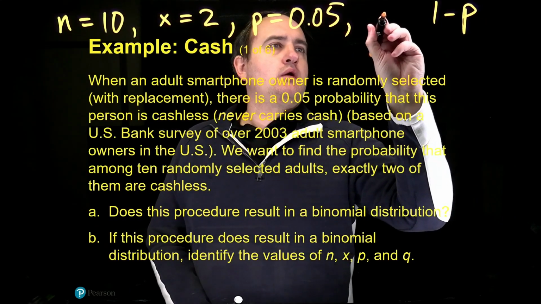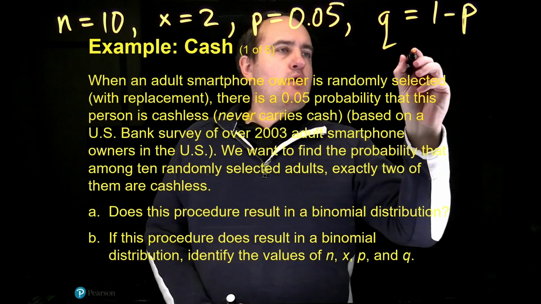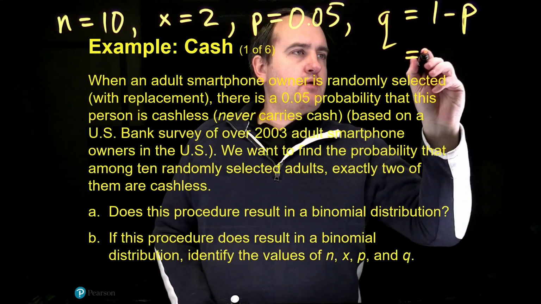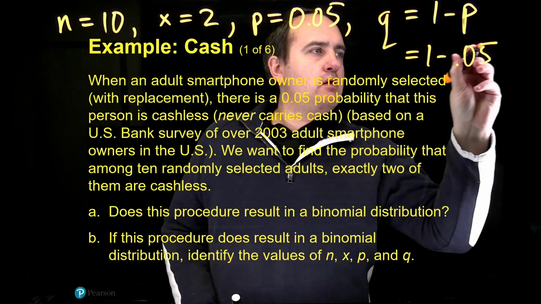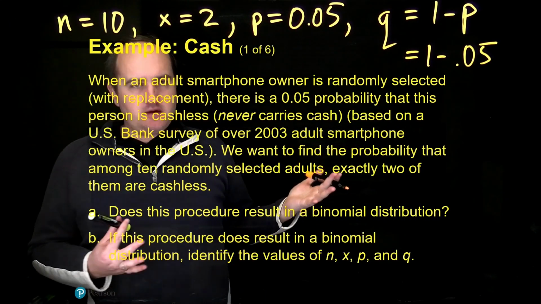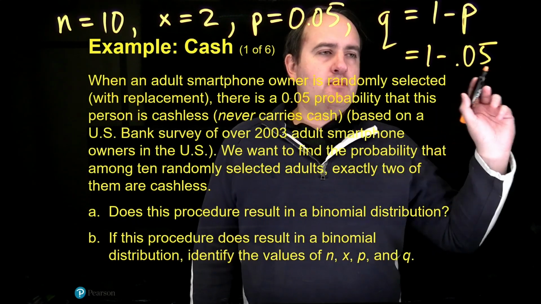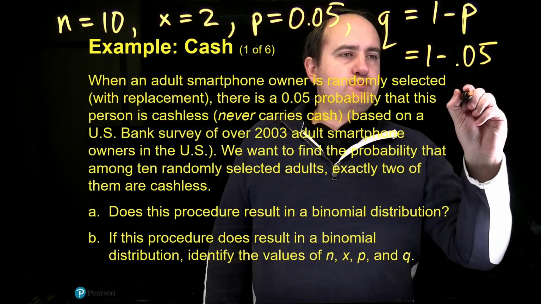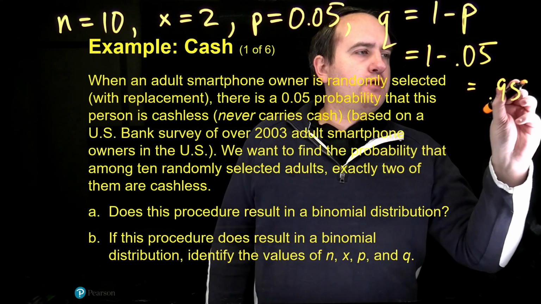Okay, so Q equals 1 minus P. So 1 minus P here is going to be 1 minus 0.05. If you can't do that in your head, you're welcome to plug it into your calculator. So 1 minus 0.05 is 0.95. So that's 0.95 for Q.